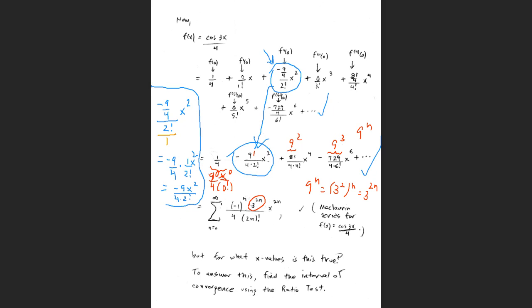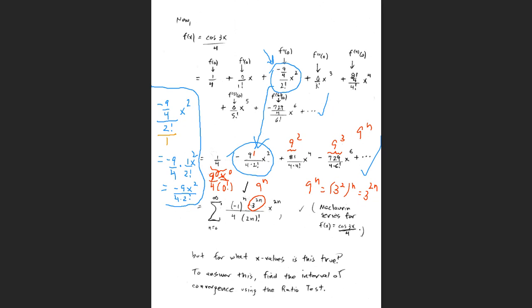Well, you might say the formula for the series is -1 to the nth power, and then I have 9 to the nth power. But maybe in WebAssign they won't have 9 to the nth power. Instead, they might have 3 to the 2nth power.